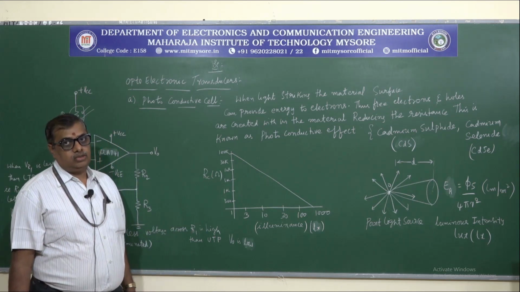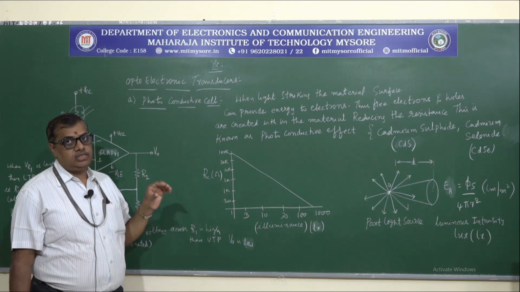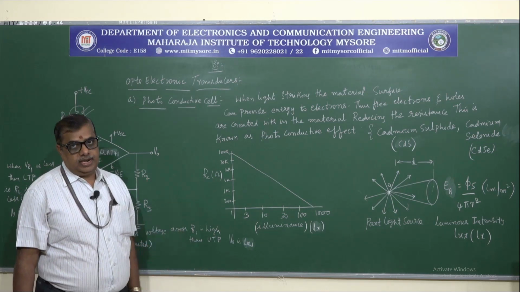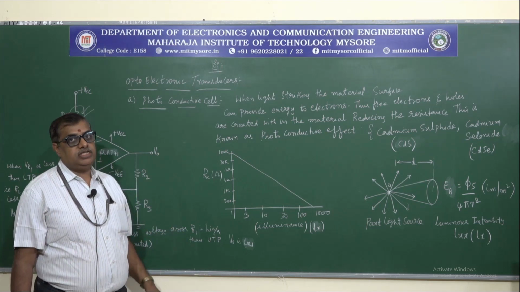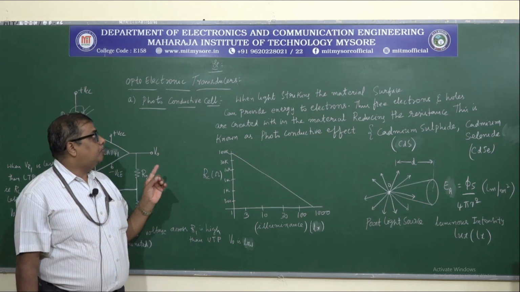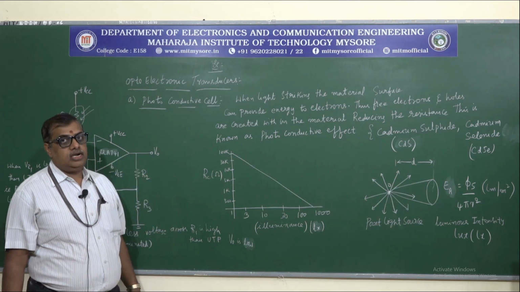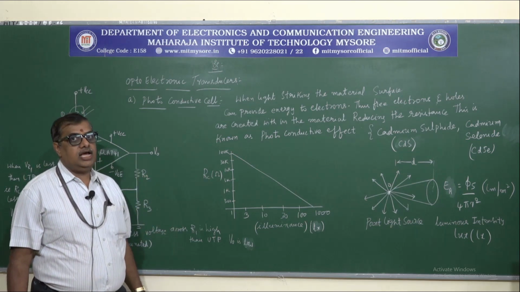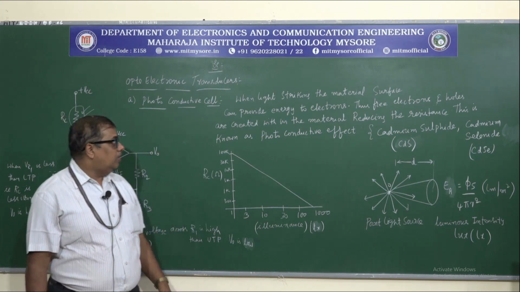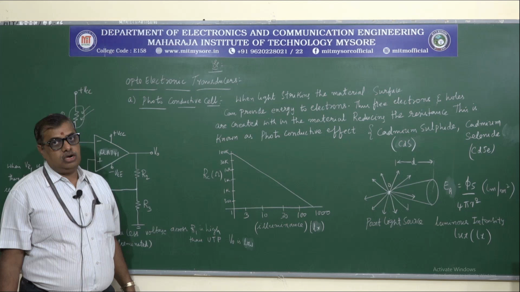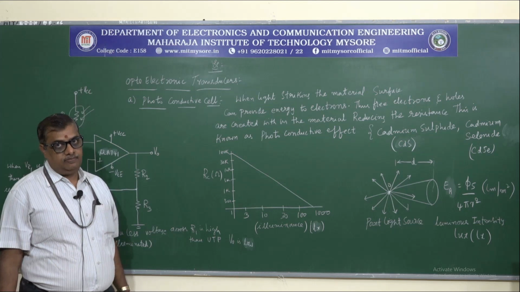Example, you know solar cells: when light falls on a solar cell, equivalent electrical output is obtained. That is the basic principle of optoelectronic transducers. They are basically classified into two types: one is called the photoconductive cell and the second is called the photovoltaic cell.